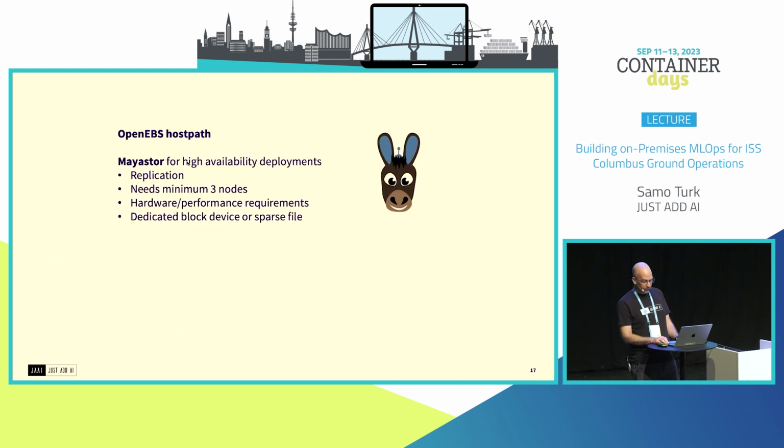Still speaking about storage, we did some thinking and digging, and in the end we decided to go with the OpenEBS ecosystem to provide our block storage. We're using OpenEBS host paths for storage on one node, or if it's a single-node cluster. But for high availability deployments, so multi-node clusters, we're using Mayastor as our storage engine.